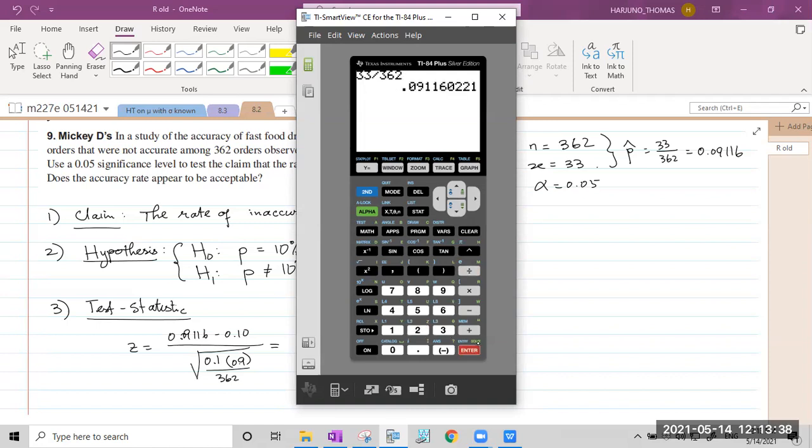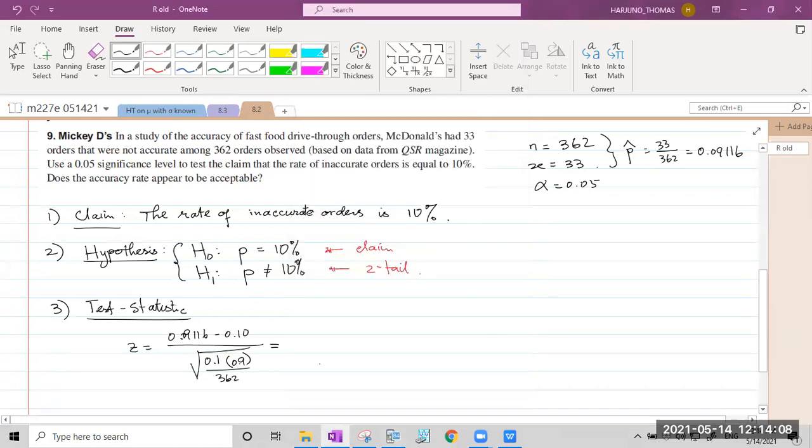Even though what I wrote is only 5 decimal places, my calculator actually keeps more, subtracted by 0.1. Now, this is divided by the square root of 0.1 times 0.9, which is the Q, divided by 362. This way I try to avoid as much rounding error as possible. Negative 0.56063.